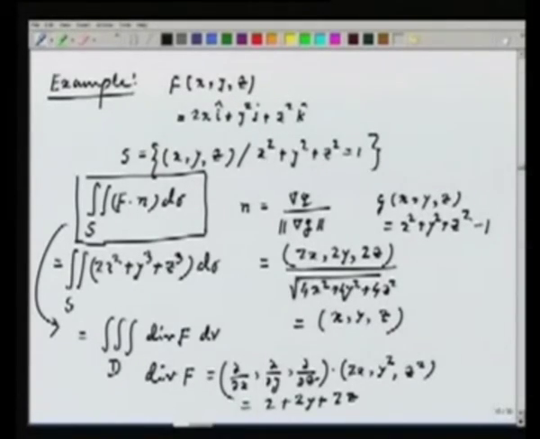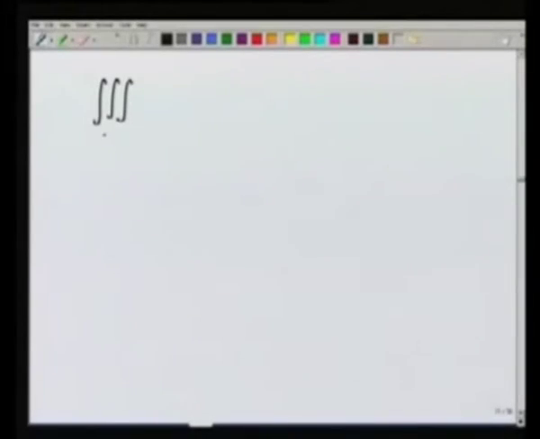That means what I need to calculate then is the triple integral over D of 2 times (1 plus y plus z) dx dy dz. Now this integral I want to evaluate.